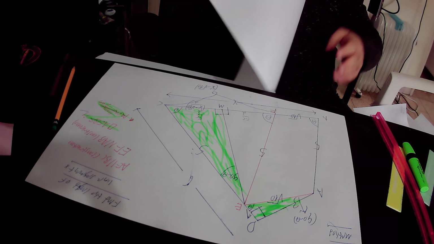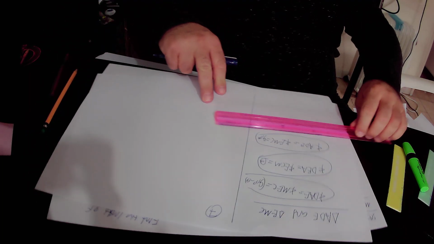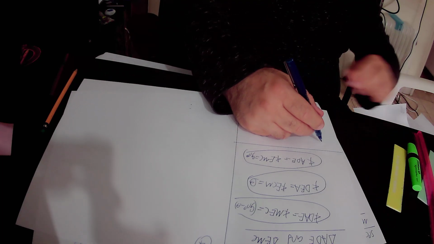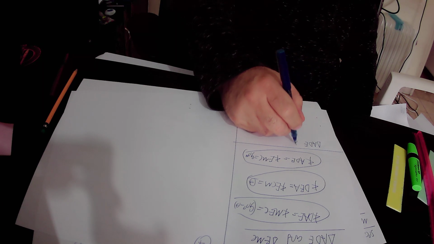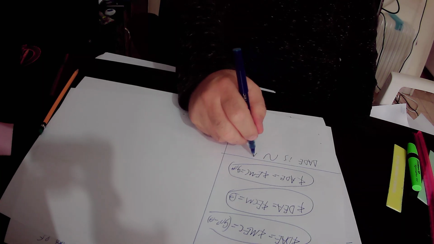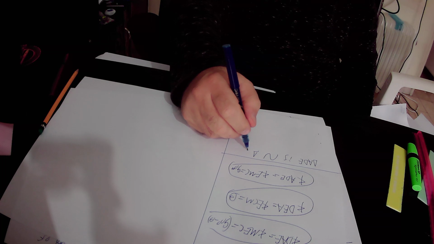So all the angles of triangle ADE are equal to all the angles of triangle EMC. Therefore, we can conclude that the right small triangle, triangle ADE, is similar, this is the sign of similar, to the right big green triangle, triangle EMC.